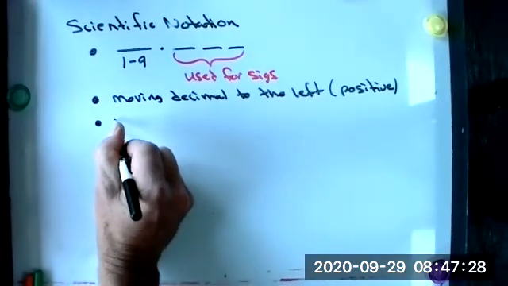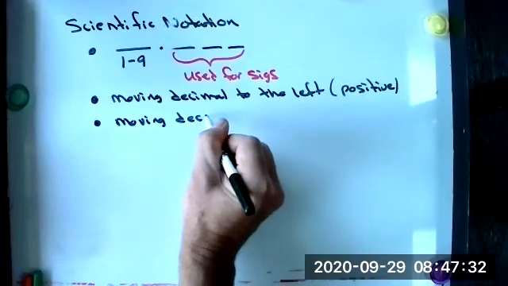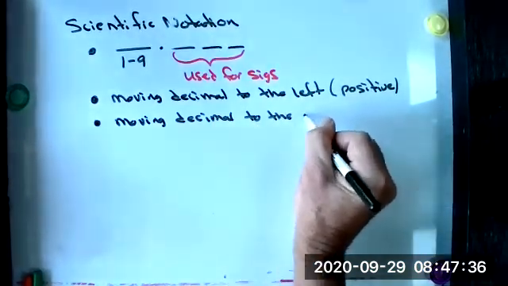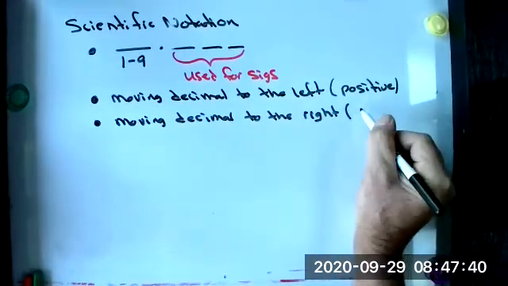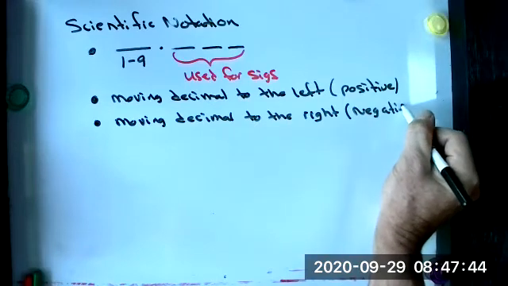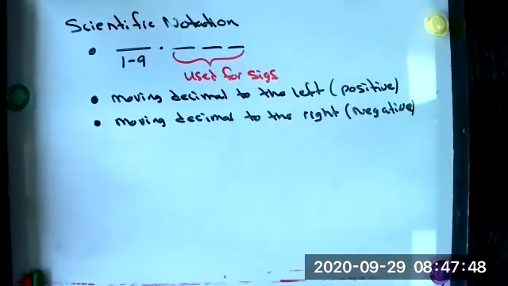And then the opposite shows up. If you have to move the decimal because you have a bunch of zeros to the right, then you have to throw in the negative. Negative. And it's negative powers of 10.